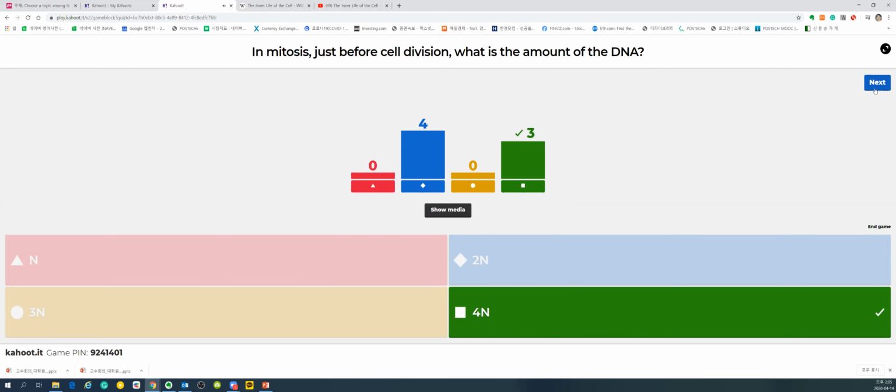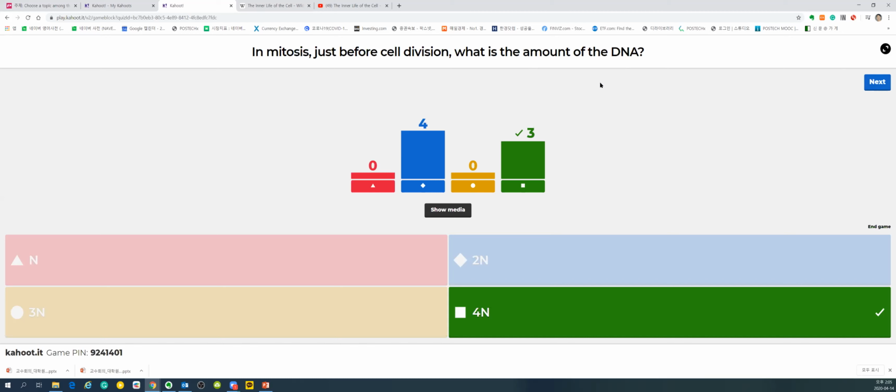Okay, John is here. Two different opinions. In mitosis, to make two cells, first job is you need to synthesize the DNA, right? Make a copy of DNA information, and the DNA amount becomes double.